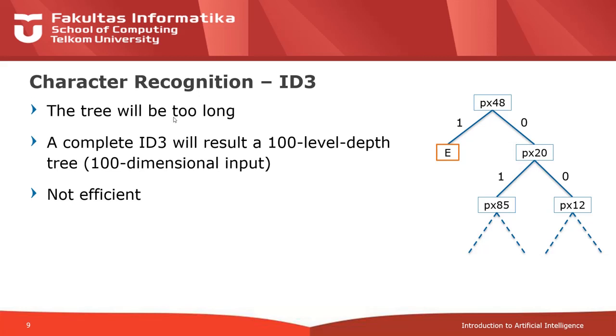Now, because we have 100 attributes, it's possible that this complete ID3 decision tree will become 100 levels deep. So it will be too deep because our input is 100 dimensional. So this is not efficient.